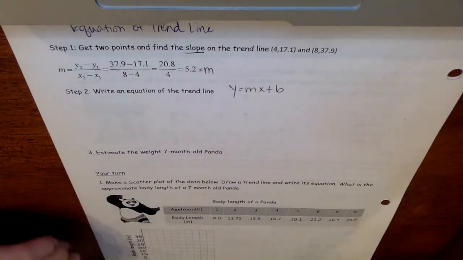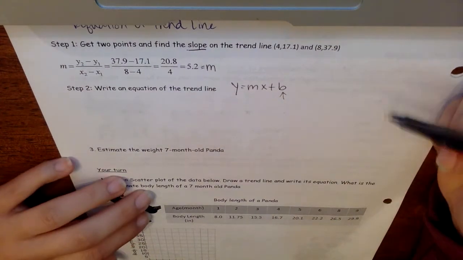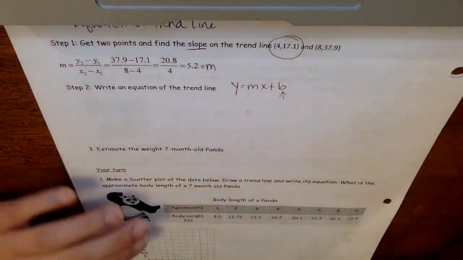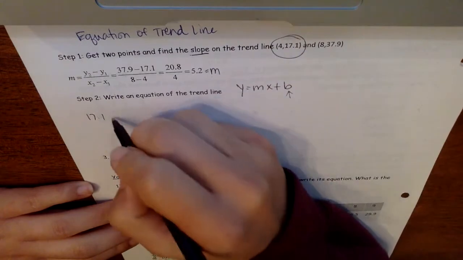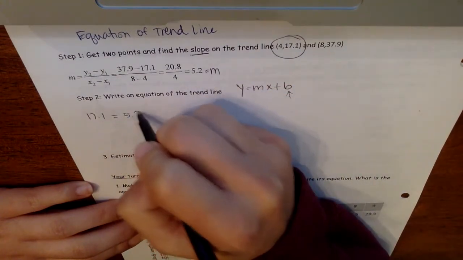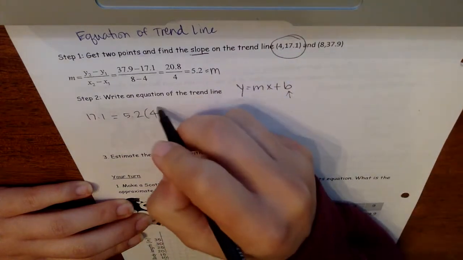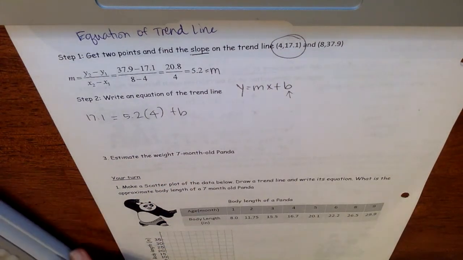Now to write an equation of a trend line in slope-intercept form, we need to find the b. So pick a point. I'm going to pick the first point, and we know our slope. So we're going to substitute in 17.1 for y equals m, 5.2, x is 4, plus b. We've done this in writing linear equations.